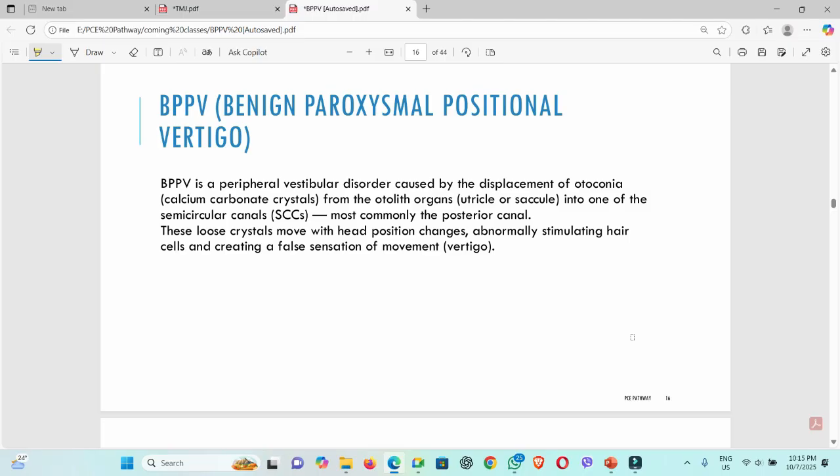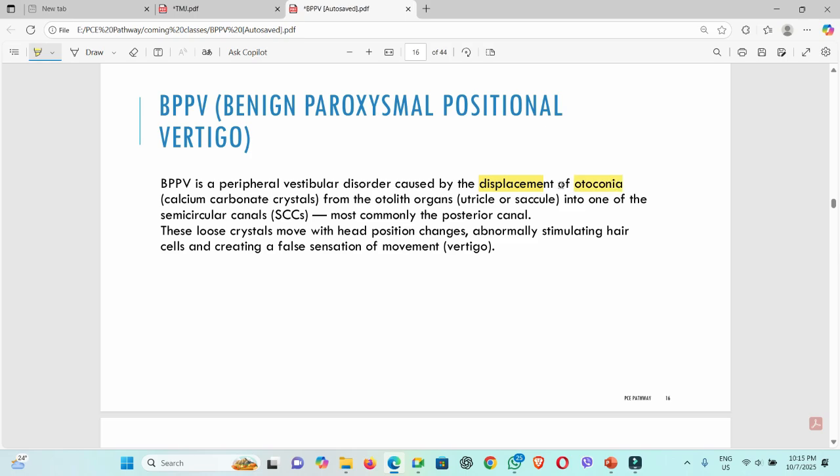Okay. Now, BPPV. Benign paroxysmal positional vertigo. BPPV is a peripheral vestibular disorder caused by displacement of otoconia, calcium carbonate crystals. Now they are displaced. We saw it, right?